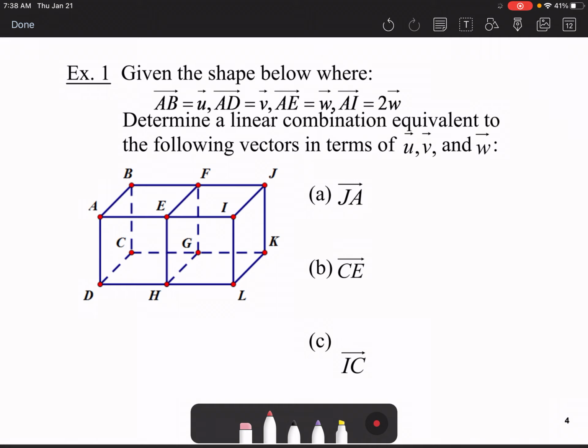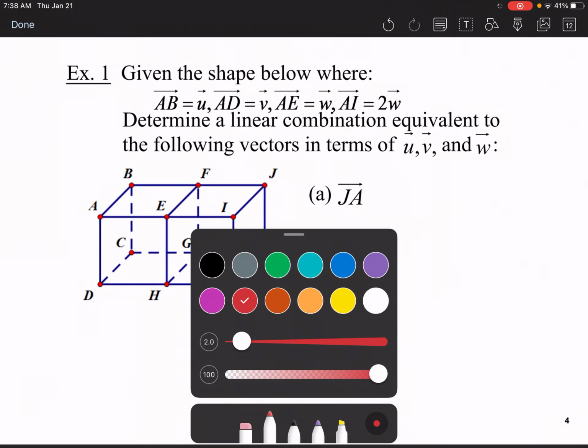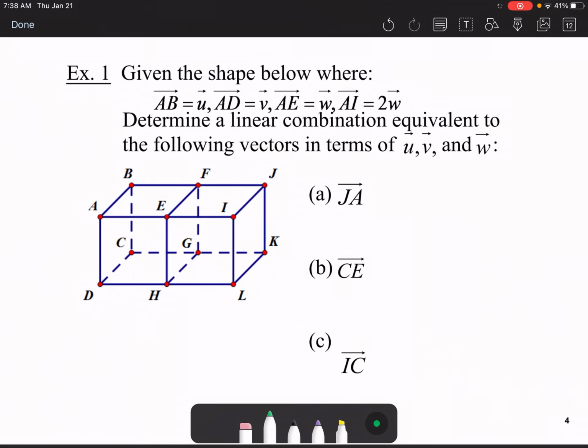So given the shape below, which looks like two cubes put together, the vector AB is going to be the vector U. I'm going to take a different color, something that's easier to see, let's say green.